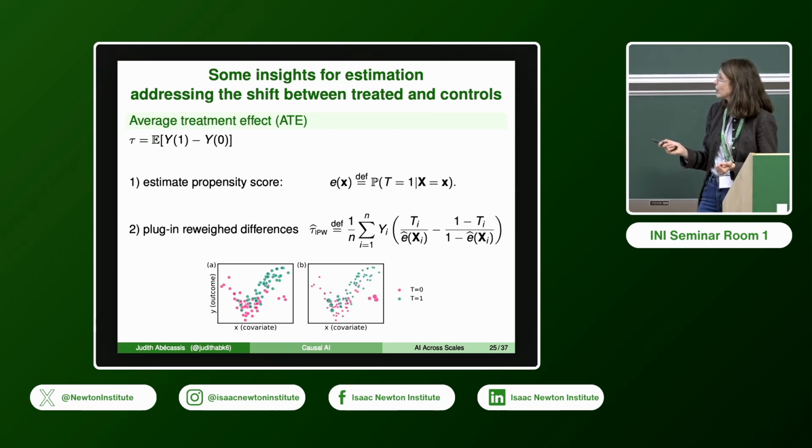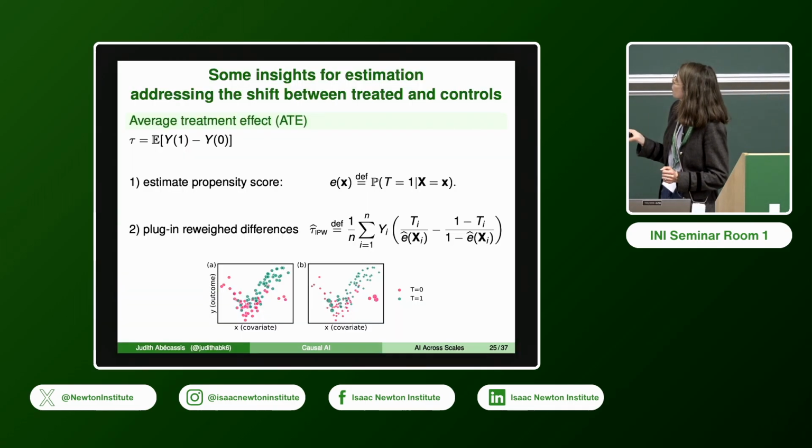So what this does is reweight the units that are underrepresented so that you have equal weight of the two groups across the full covariate space. So that's one way to do it.